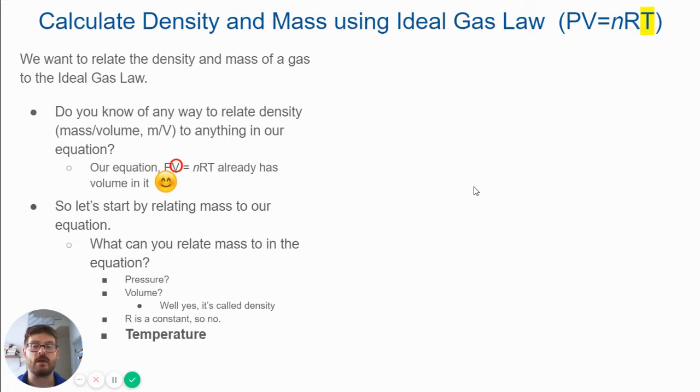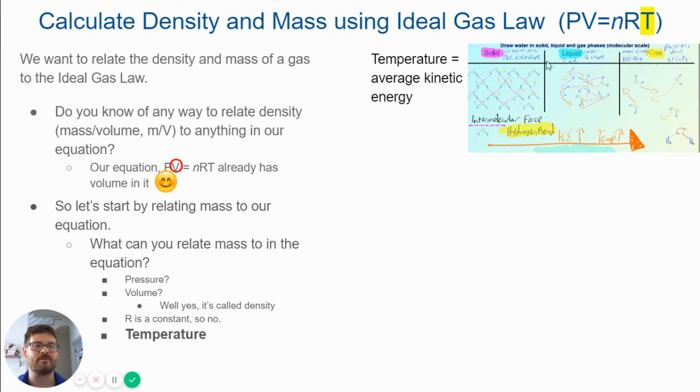Okay, temperature then. Can we relate temperature and mass together? Well, temperature is the average kinetic energy. And maybe you guys remember this, we made this a long time ago, showing the relationship of kinetic energy and temperature. As all those particles are moving faster, their kinetic energy is increasing as their temperature increases.